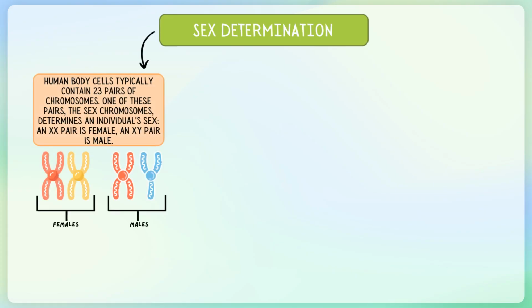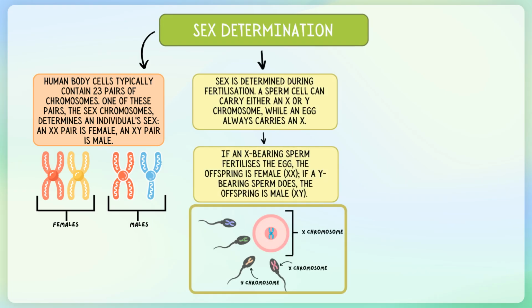In today's lesson, we explored sex determination in humans, a key aspect of genetics. We learned that human cells typically have 23 pairs of chromosomes, including 1 pair of sex chromosomes, XX for females and XY for males. We discussed how sex is determined during fertilization.